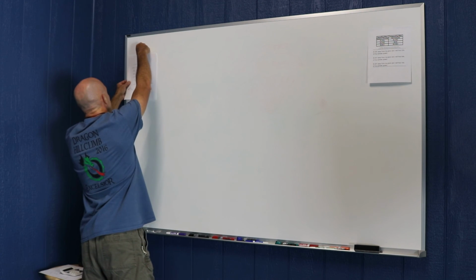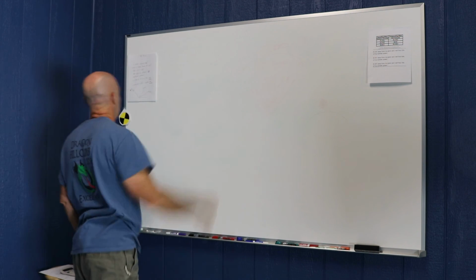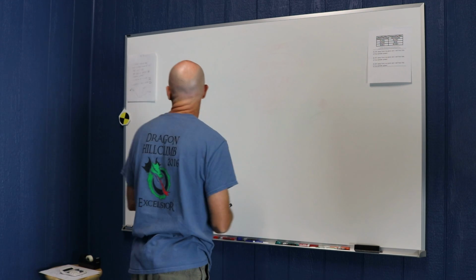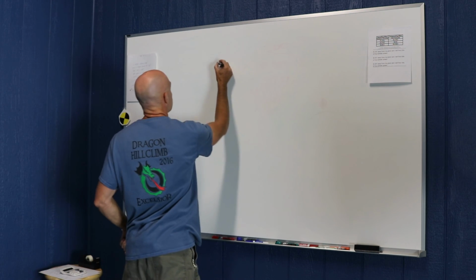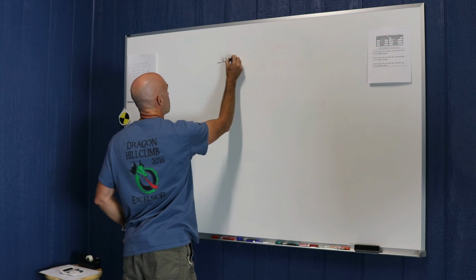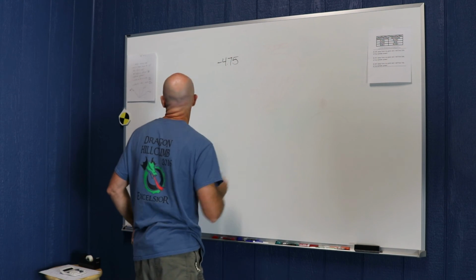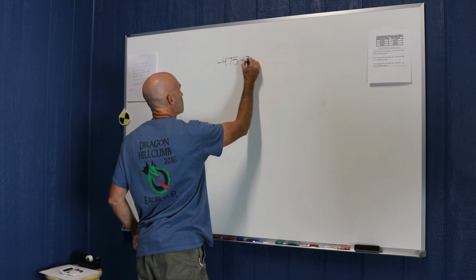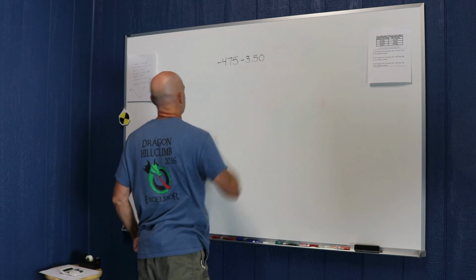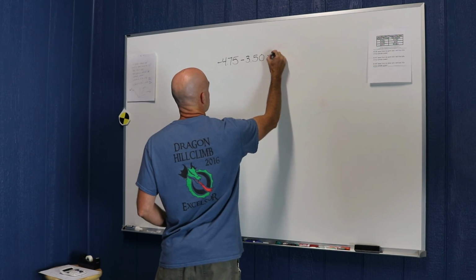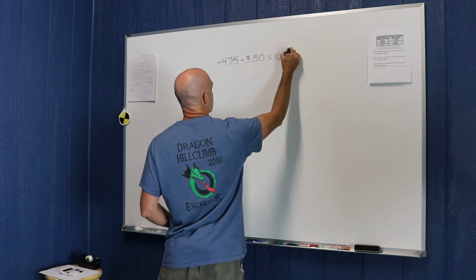Let's see here. All right. This time we went with a minus 4.75 minus 3.50 at an axis of 166 degrees.